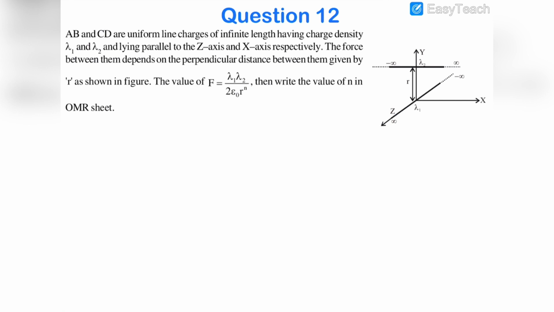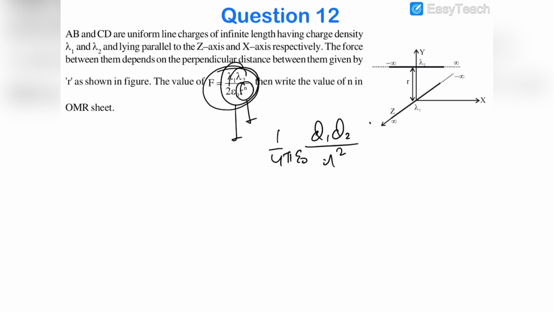See, we do not have to solve this force by integrating. We can just use common sense. We know that the force formula, or dimensionally the force, is k q1 q2 by r square. So 1 upon 4 pi epsilon naught and q1 q2 by r square, this is the force.